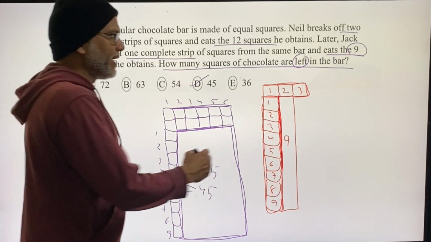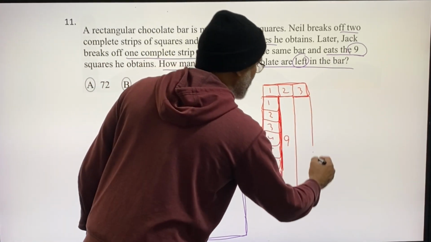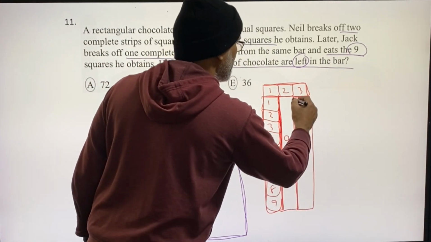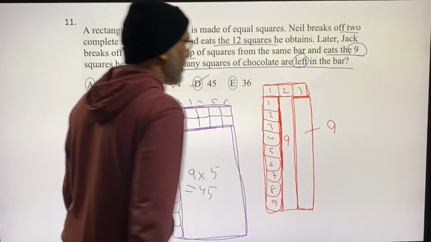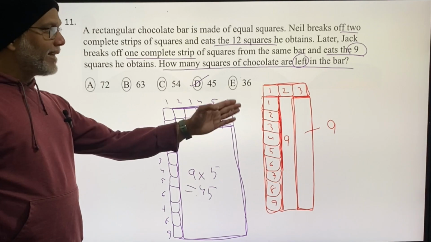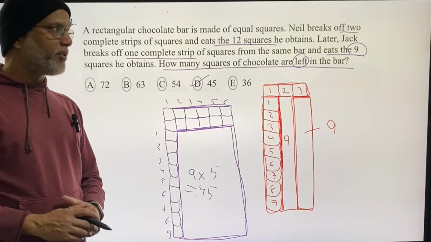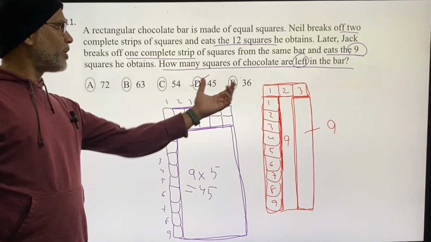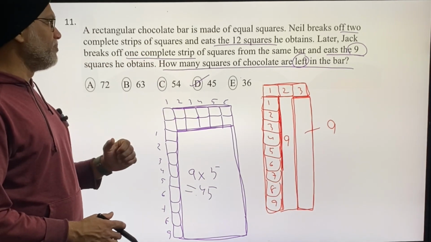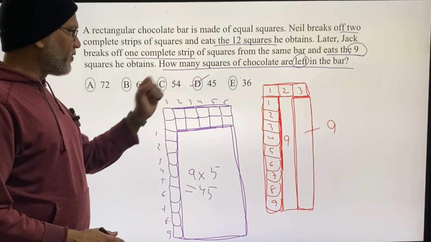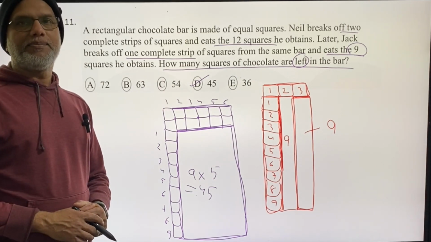So now in this case, what will be remaining is this strip, right? So this is what will be remaining, and this has 9, right? So 9 is a valid solution, but 9 is not one of the choices that are given to us. So for this problem, 45 is still the correct answer.